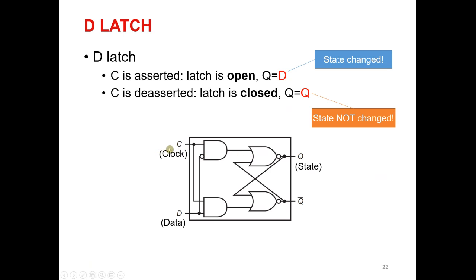When the latch is open, it means that the state of Q is updated. This is what we are saying in this slide. When C is asserted, when the clock changes from 0 to 1, we say the latch is open, and we say that the state Q is updated. Otherwise, it is closed.